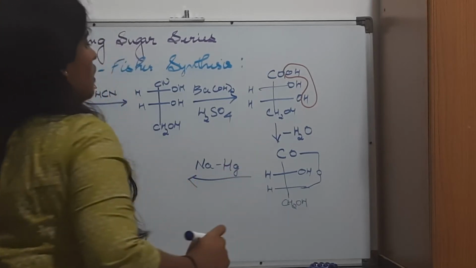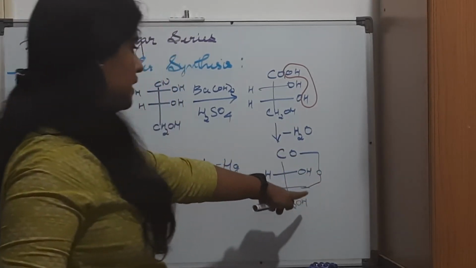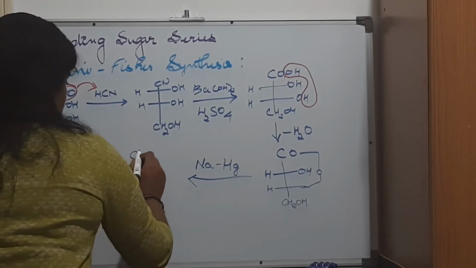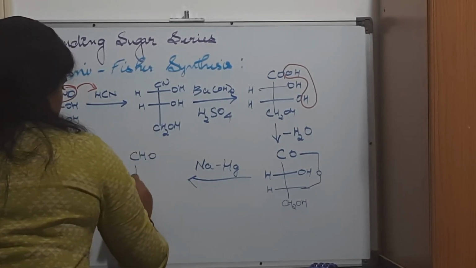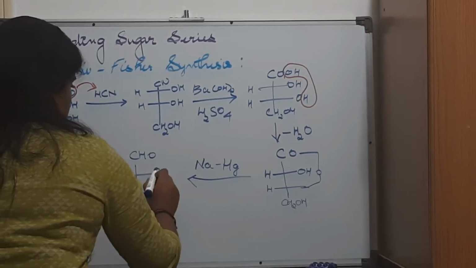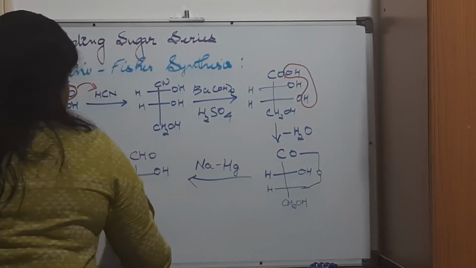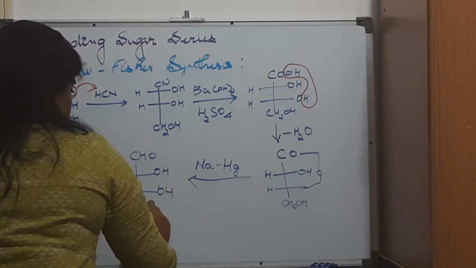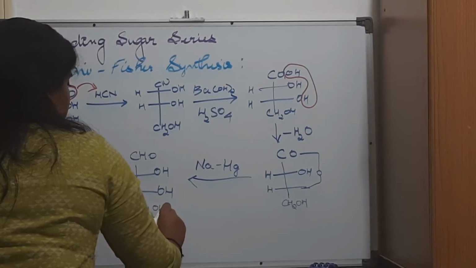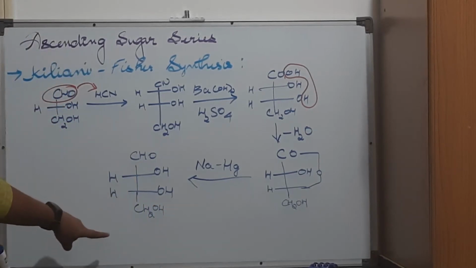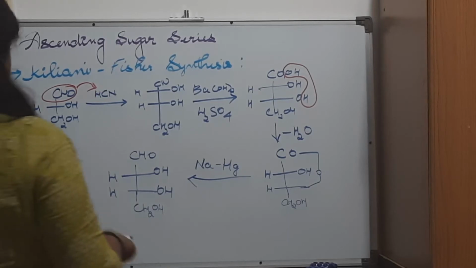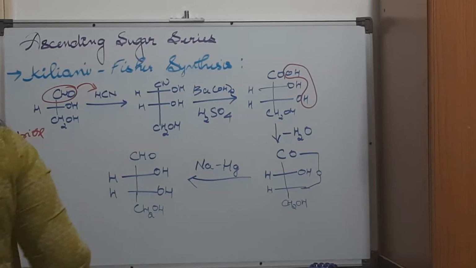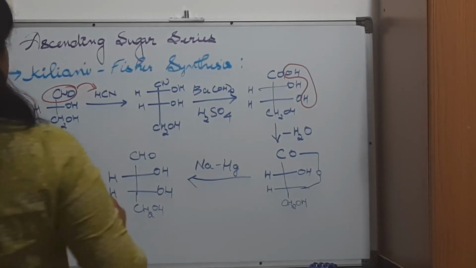Sodium amalgam will cause the reduction of this lactone part and give rise to the aldehyde group, CHO, and this is H OH, and this also will become H OH, and I would have CH2OH at the bottom. And this is my aldotetrose. I started with triose, glyceraldehyde, and I ended up at tetrose.